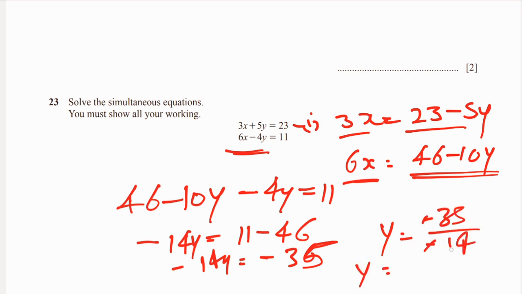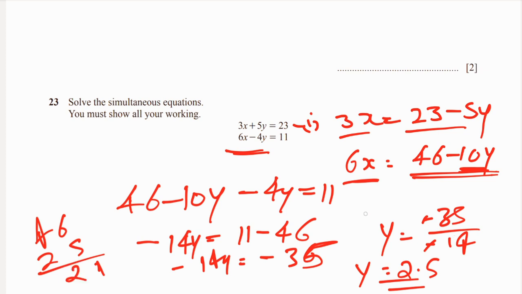So y is around 2.5. Then we put this value in there. So 46 minus 2.5 multiplied by 10, we get 21.